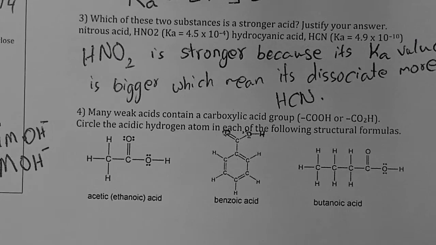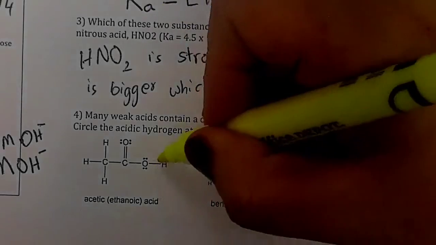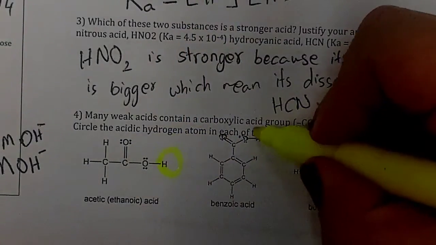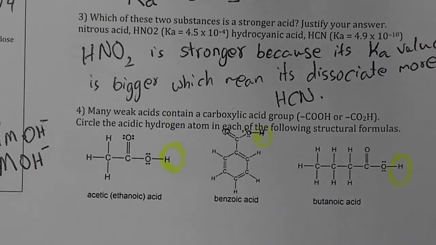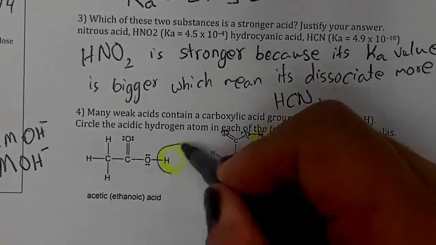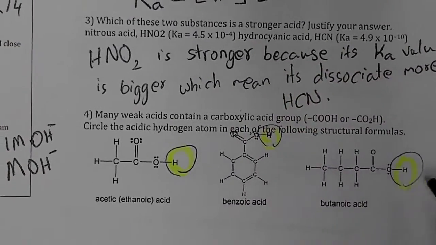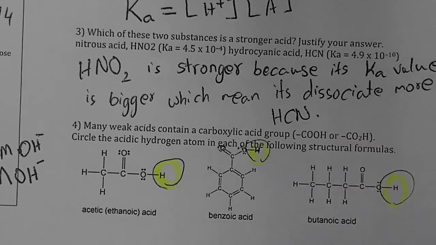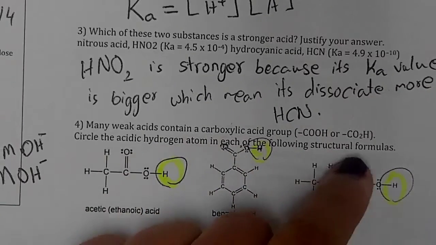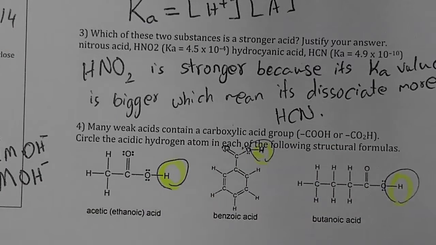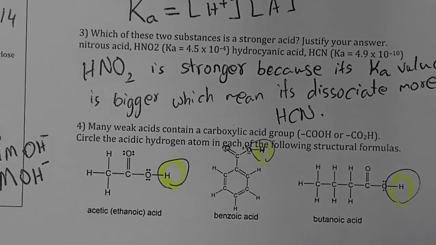So in this case, this hydrogen, this hydrogen, and this hydrogen. These three are the hydrogens that are going to leave and be donated, right? You will donate these three. Notice that it's OOH, which again makes sense that they can leave. Okay. All right. Question.